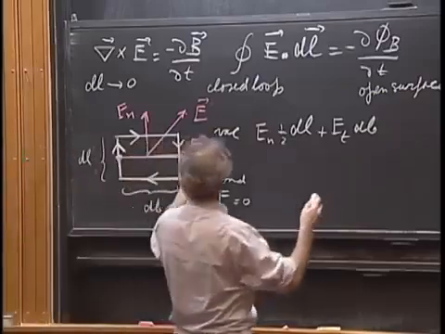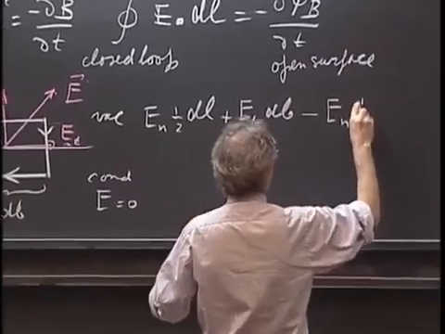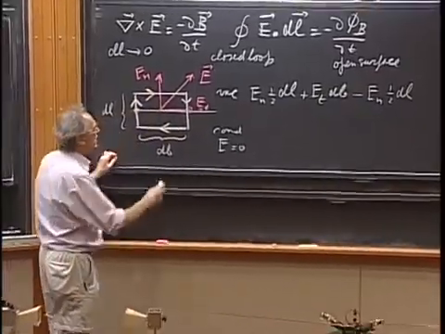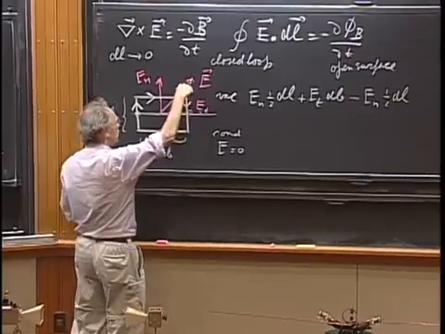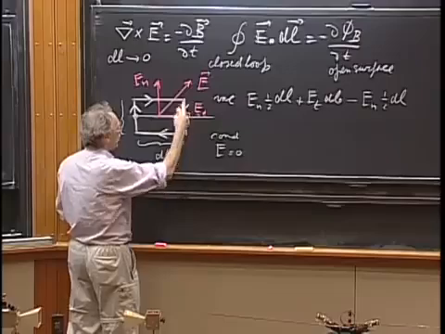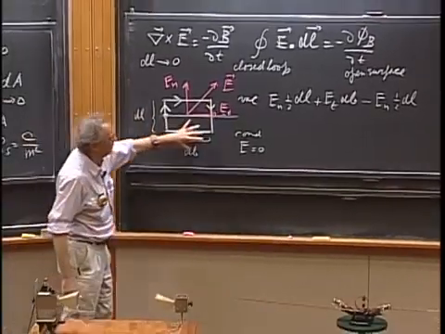So now I get minus E of n times 1/2 dl. I said E of t, but I meant E of n. E of n is in this direction, and you are moving in this direction. That's why you get a minus sign, and E of t has no effect here, because it's perpendicular to my direction of motion, and the electric field here is 0.